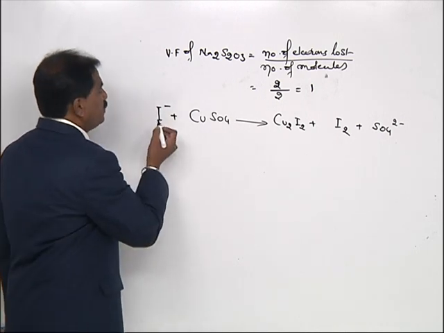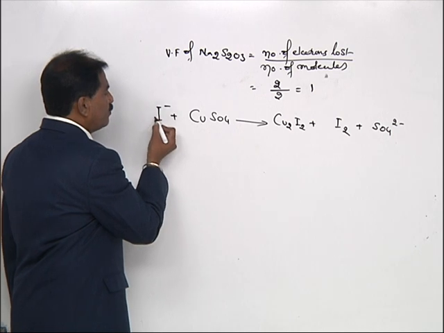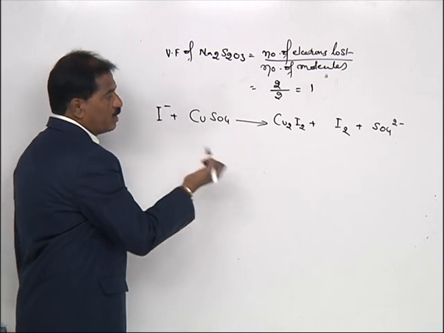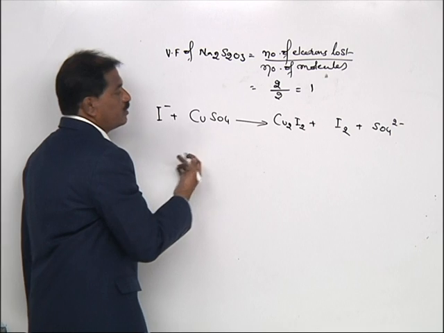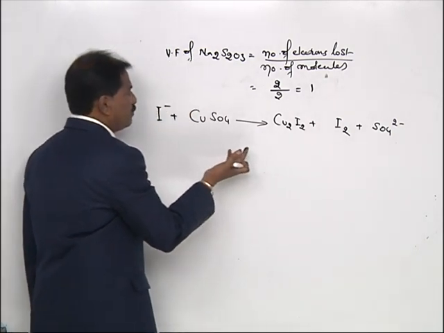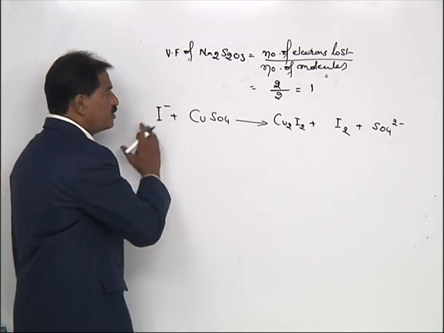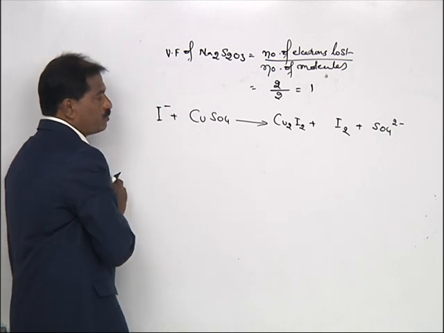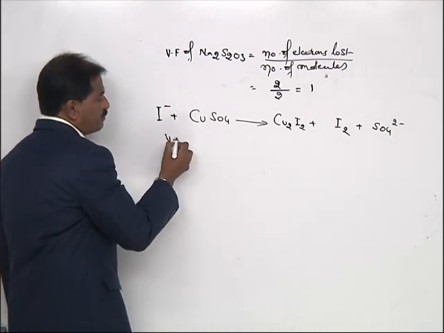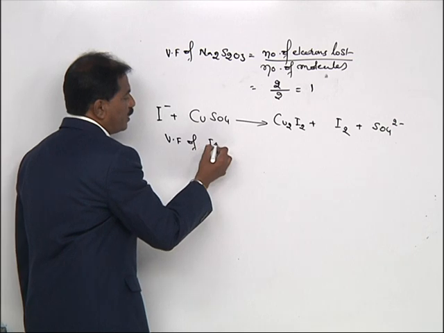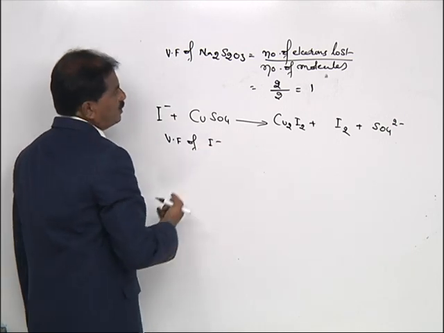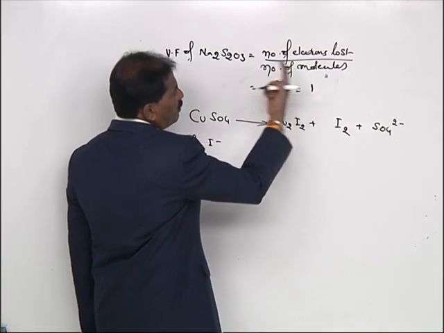Here, for iodide, we will take the iodide in the form of potassium iodide or so. In this case, we can balance it first; otherwise, without the need of balancing, we can directly proceed. So, valence factor of iodide. The general formula for valence factor is number of electrons by number of molecules.